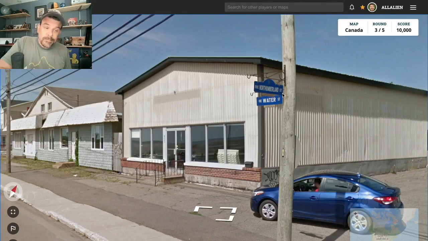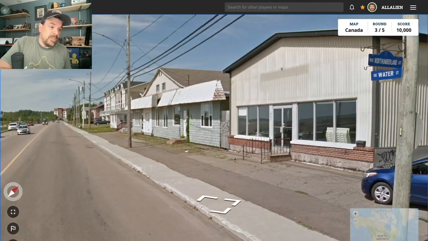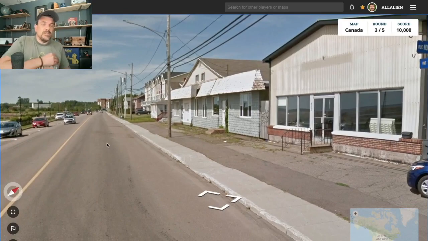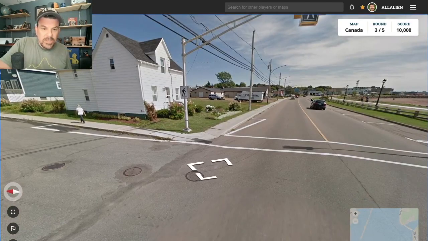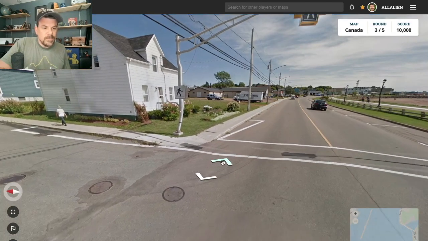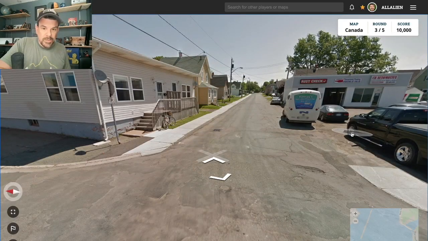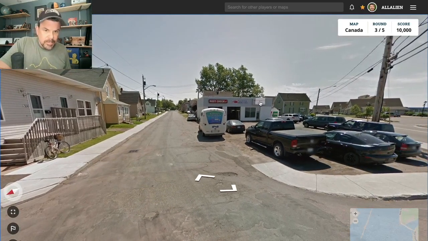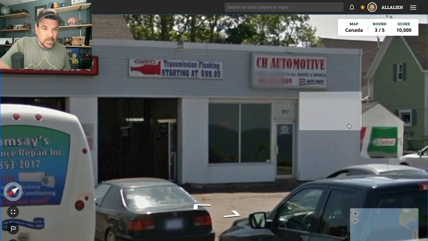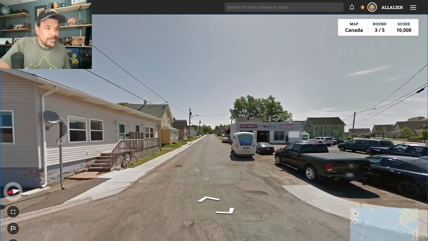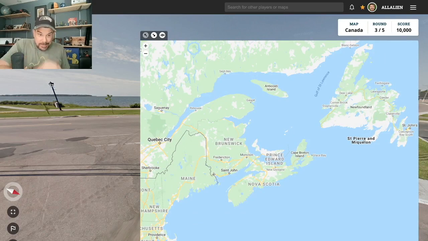So it could be New Brunswick, but it doesn't have to be. It doesn't feel like a huge town, but that's the case for a lot of Canada. Well, we do have some big cities. We have a lot more small towns. And again, there's no guarantee that this is in fact New Brunswick.